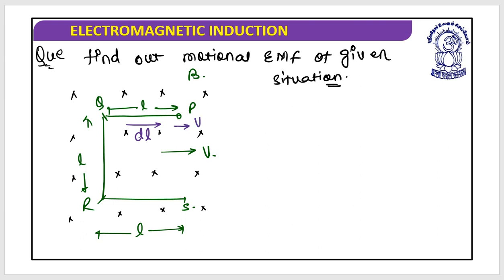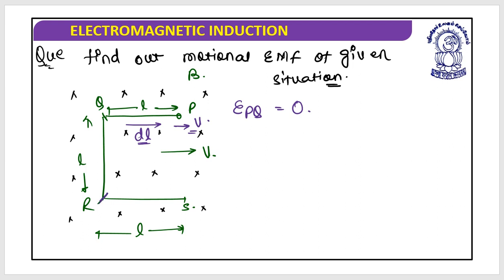Its velocity is again in this direction. So dl and v are parallel to each other, and when any two vectors among these three vectors are parallel to each other, that means the motional EMF due to conductor PQ is 0.